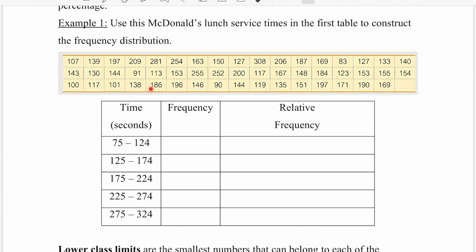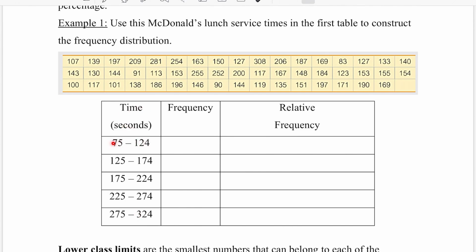This is the data of the lunch service times at McDonald's in seconds: 107 seconds, 139 seconds, 197 seconds, 209 seconds, and so on. To put this data into a frequency table, the first column lists the variable, which is time in seconds.